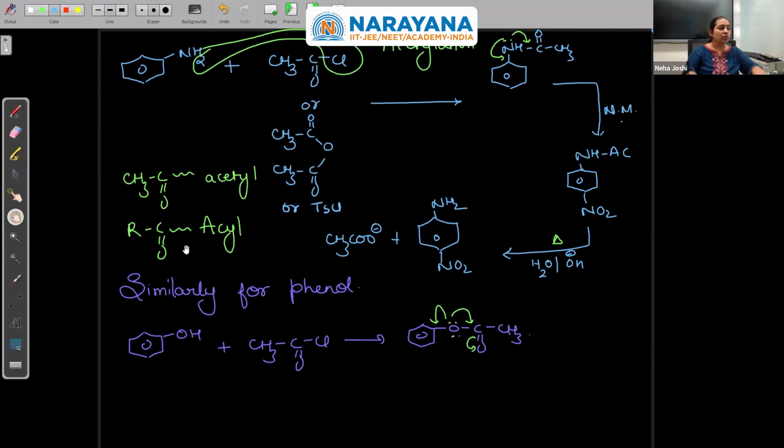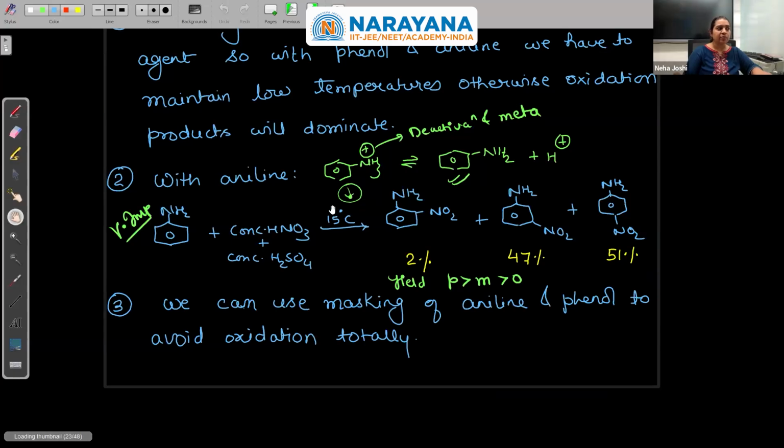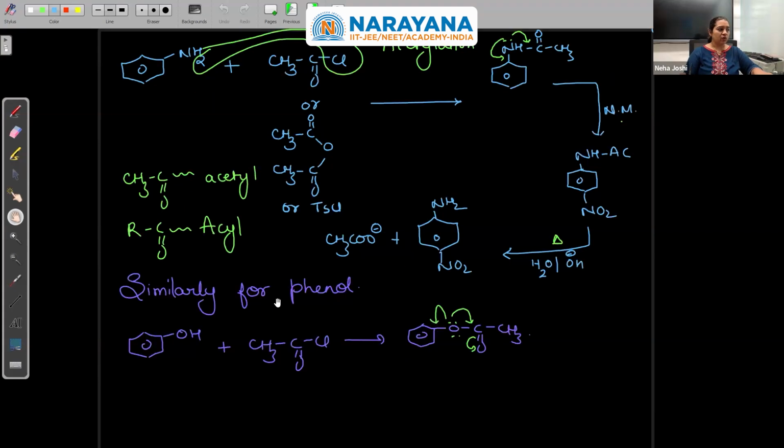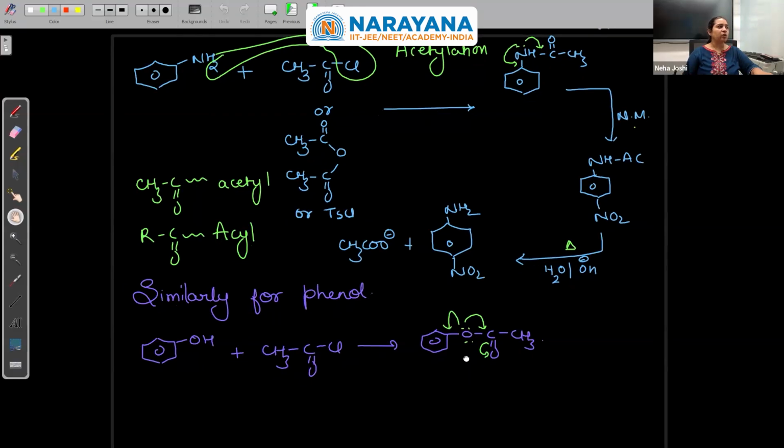Otherwise, we lose a large part of the aniline. If the temperature is increased slightly, then a charcoal-like black tarry substance is obtained with aniline and phenol. To be honest, with phenol we don't use this method of nitration. Again, by masking, you can do very well. That is an excellent method.